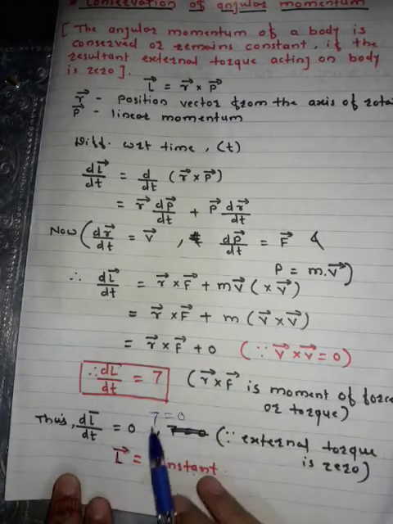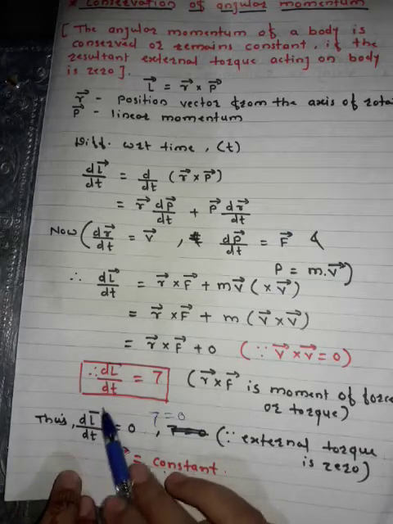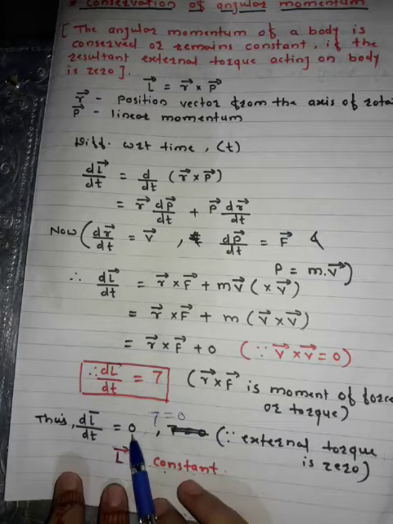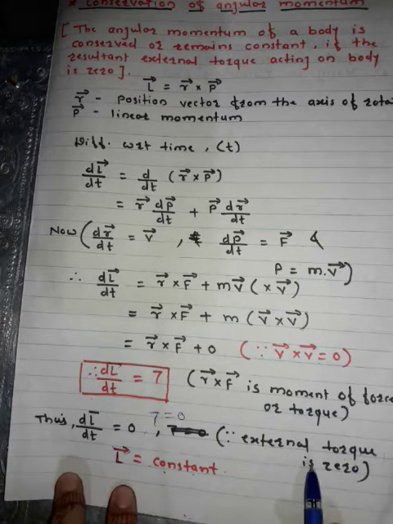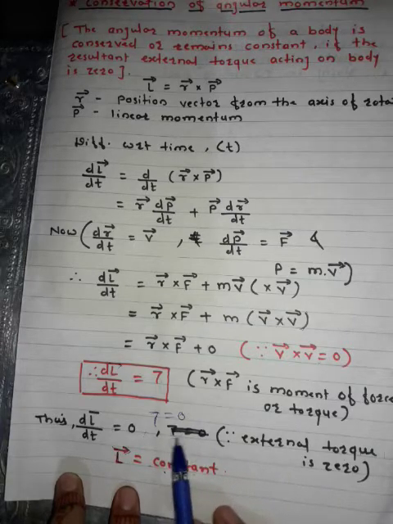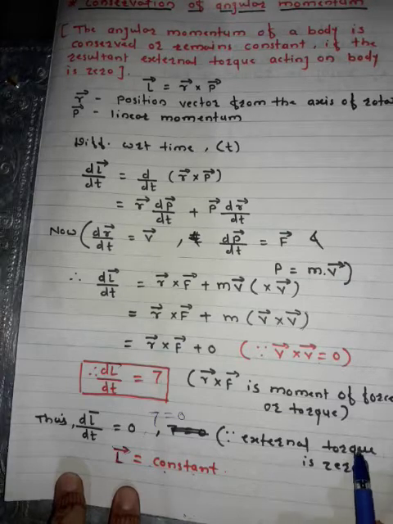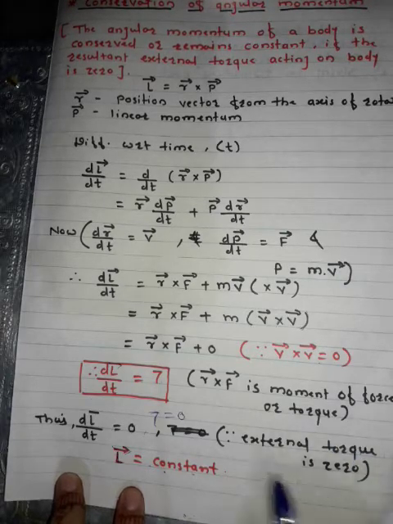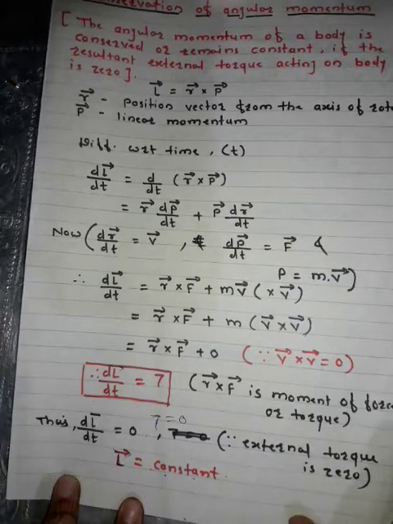Thus if tau bar is equal to 0, then dL bar by dt is also 0. So if the external torque is 0, the angular momentum L bar is conserved. Angular momentum is conserved or remains constant in the absence of external torque.